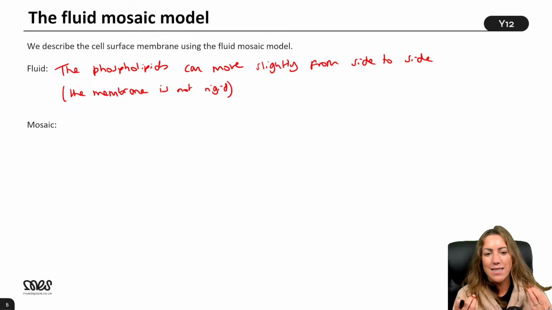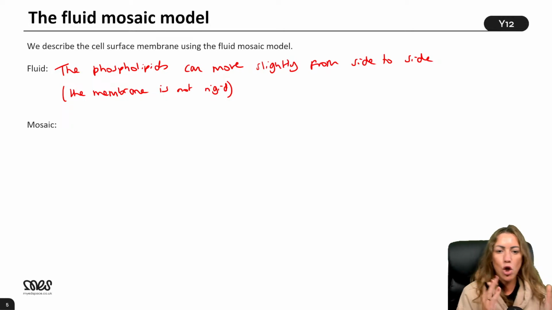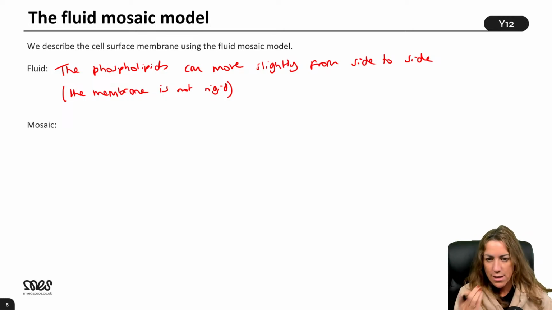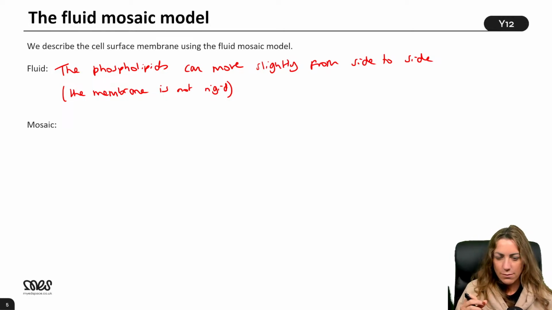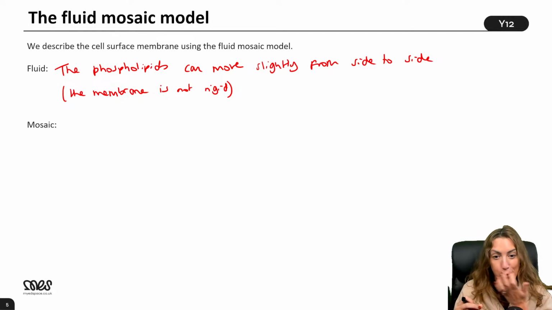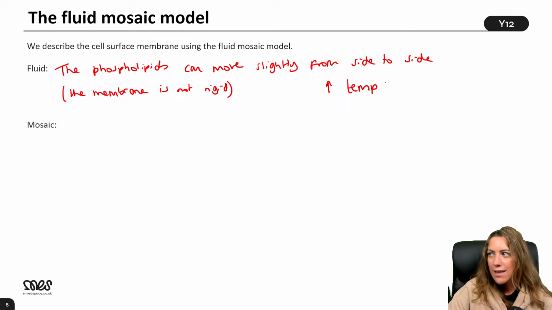Now, what factors do we know that give more kinetic energy? Let's think of it that way, because it's not water. So what would give those phospholipids more kinetic energy? Temperature, heat, right? So an increase in temperature increases the fluidity. And that does make the membrane more permeable.